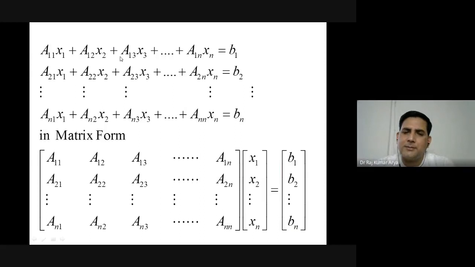Same way you will get equation 2, the second row of matrix A multiplied by the X column. So this previous equation can be recovered back from this matrix.